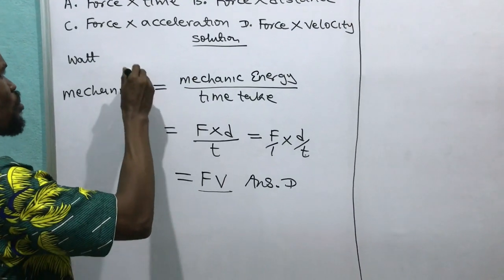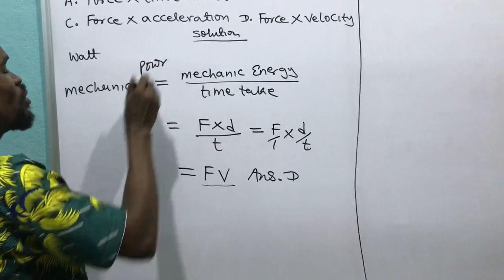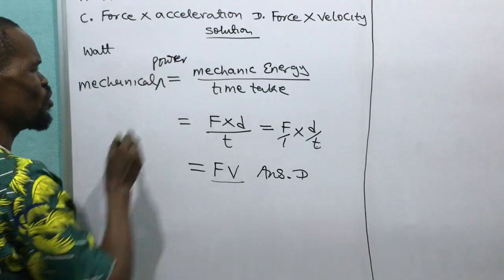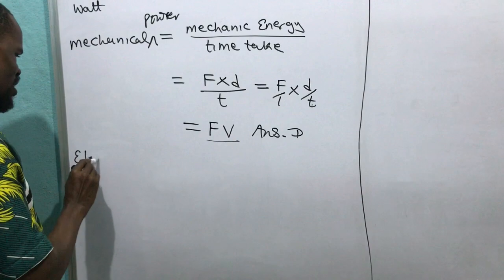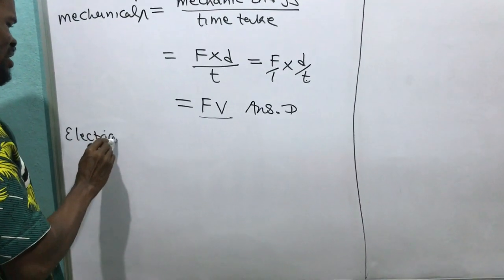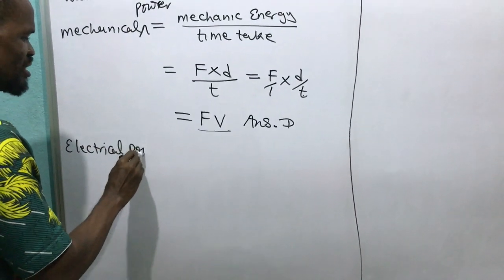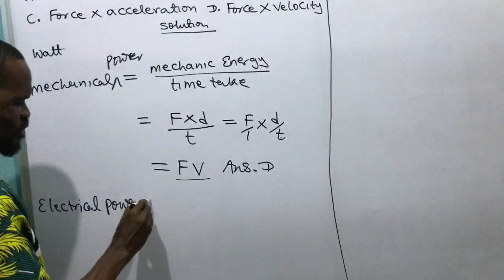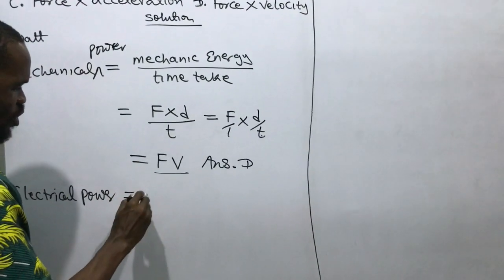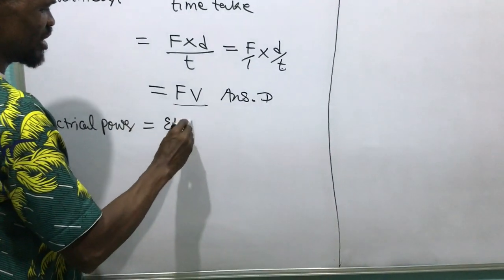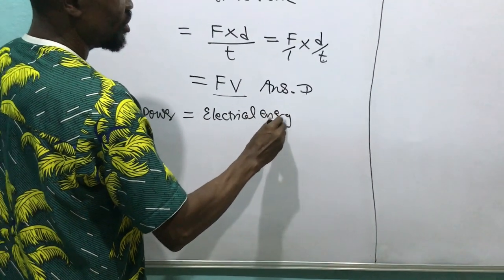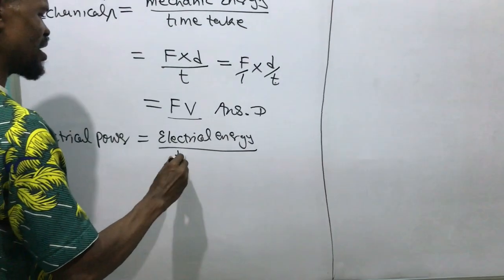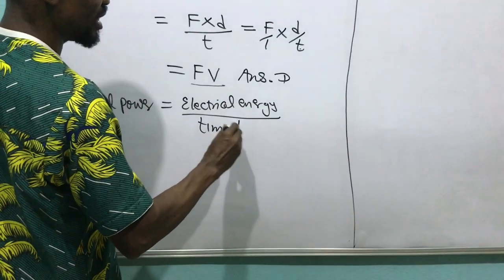But also you know that after mechanical power, we have what we call electrical power. Can we learn that as well? Electrical power is equal to the rate of electrical energy over time taken.